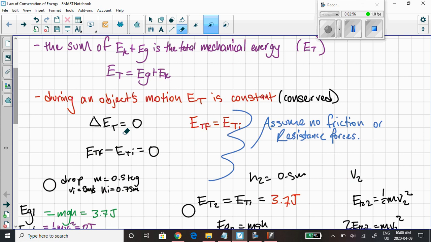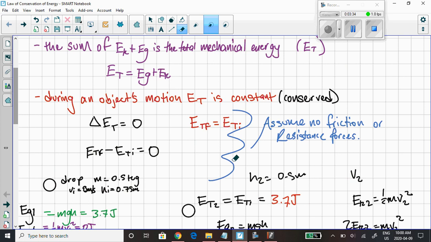Or another way of writing it is, let's break down what delta means. Remember what delta means? It would be change in total energy. So that means total energy final minus total energy initial. That has to equal zero. Or another way of writing this out, and a very powerful way, is we take total energy initial, bring it to the other side, it becomes positive, and we have this very powerful equation, almost a method for studying objects that are dropped or thrown into the air: total energy final is equal to total energy initial.